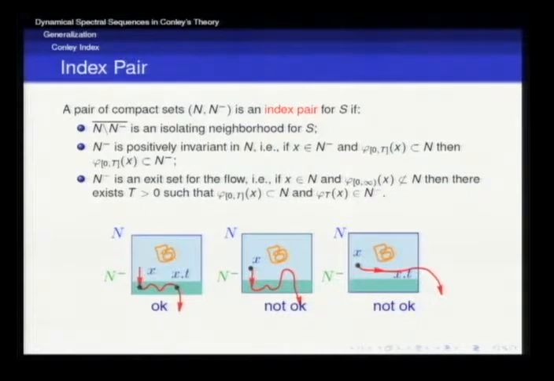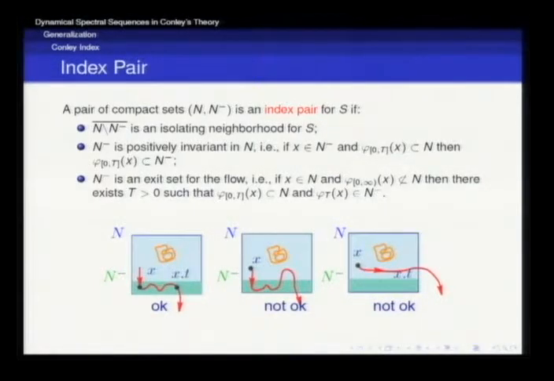So the main theorem is that this quotient space doesn't depend on the choice of the index pair we choose for the invariant set. So it is an invariant of the maximal invariant set. It's the homotopy type of this quotient space.